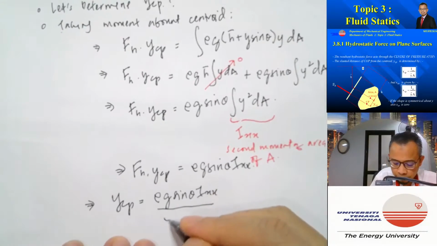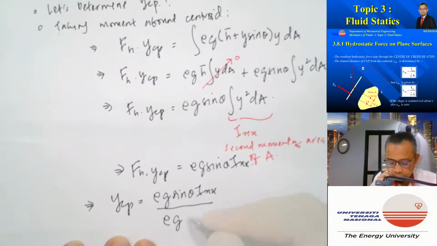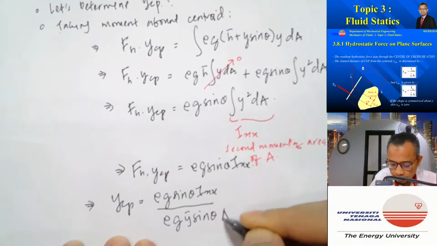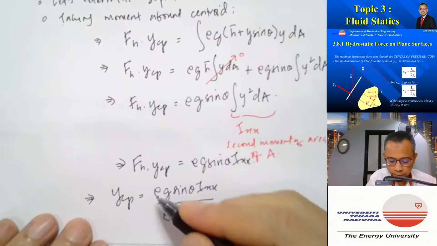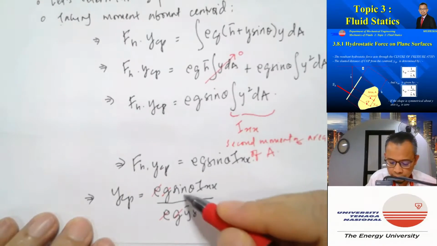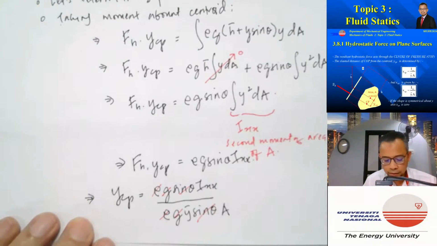FH is actually equal to rho g y bar sine theta A. So rho will cancel, g will cancel, sine theta will cancel.